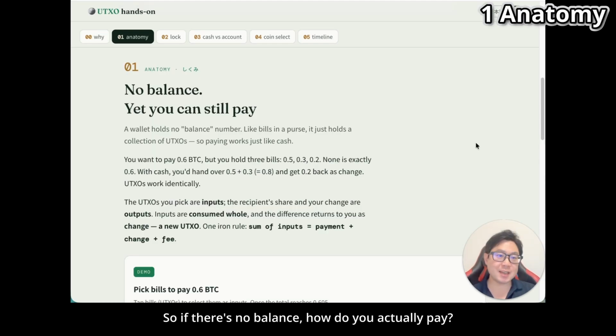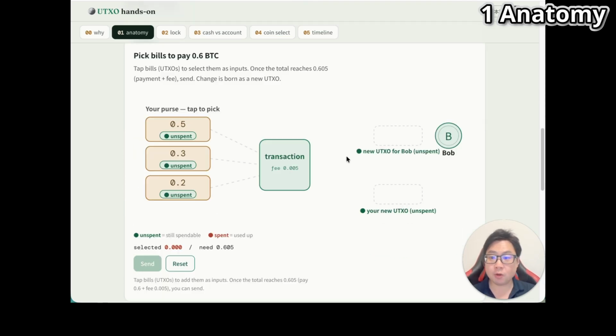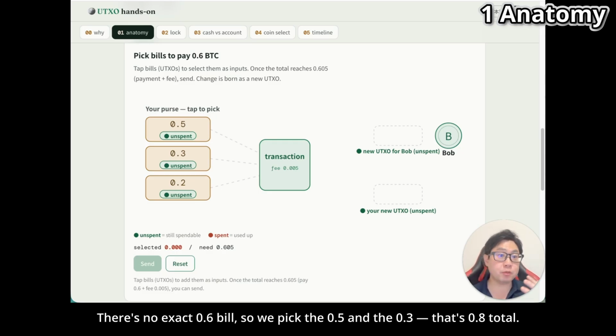So, if there is no balance, how do you actually pay? Let's look inside the wallet. Now 0.5, 0.3, and 0.2. Just like cash, you simply hold a few UTXOs. Let's try to pay 0.6 BTC. There's no exact 0.6 bill, so we pick the 0.5 and 0.3.